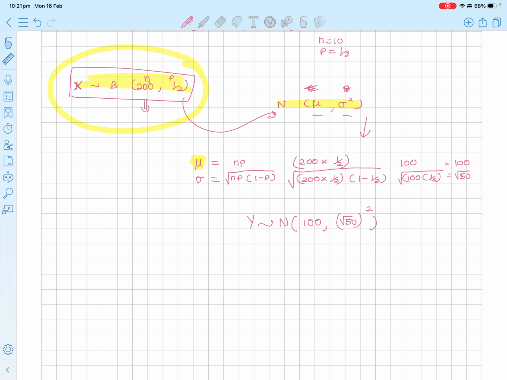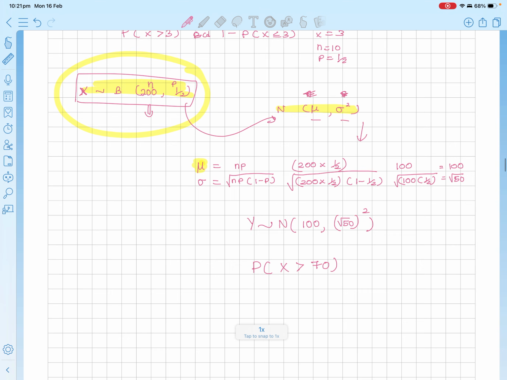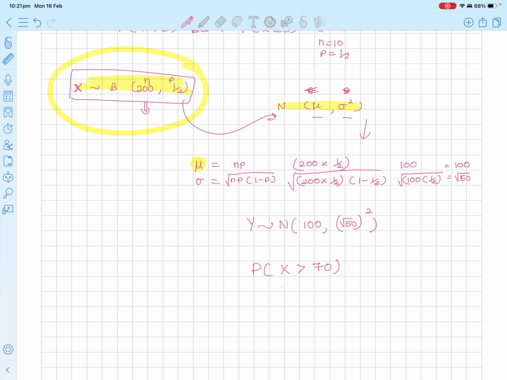If the question was asking what is the probability of getting more than 70 heads, because this question was about tossing a coin 200 times, what we would do is use this distribution to do it.